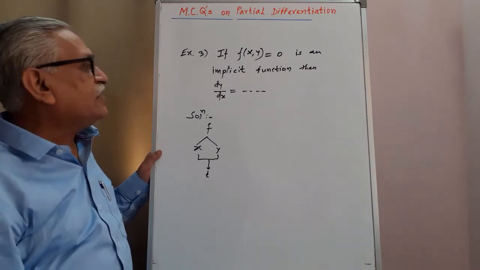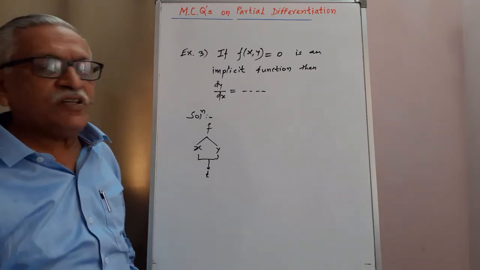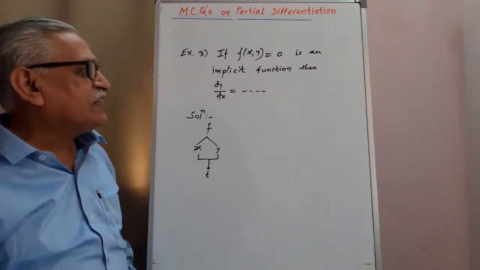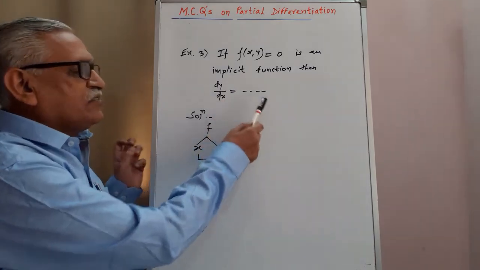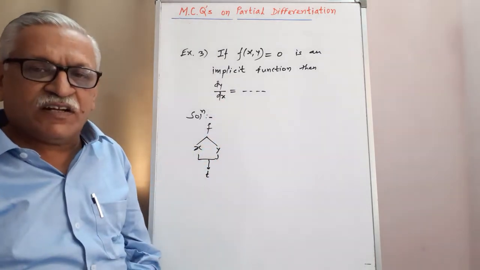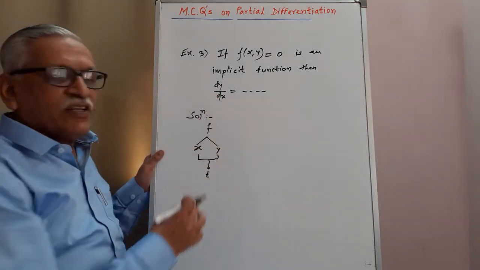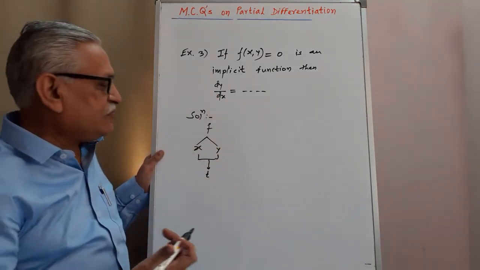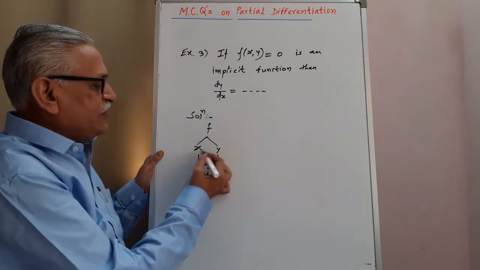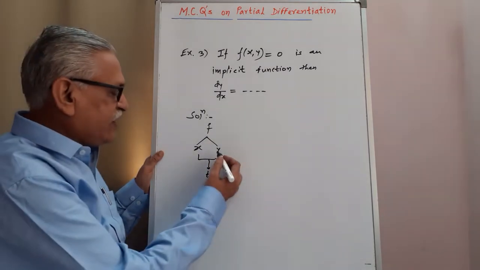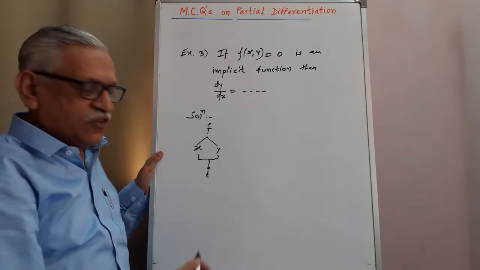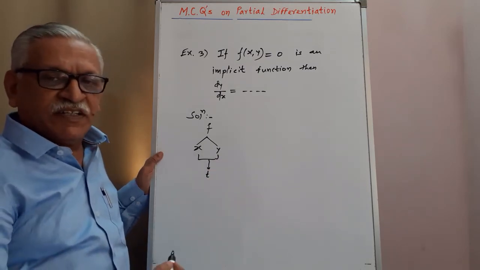Example number 3, if f of x, y is equal to 0 is an implicit function, then dy by dx is equal to. We have to obtain the correct option out of the 4, and for that we use the definition of total derivative. Here f is a function of two independent variables x and y, which are functions of a third variable t.